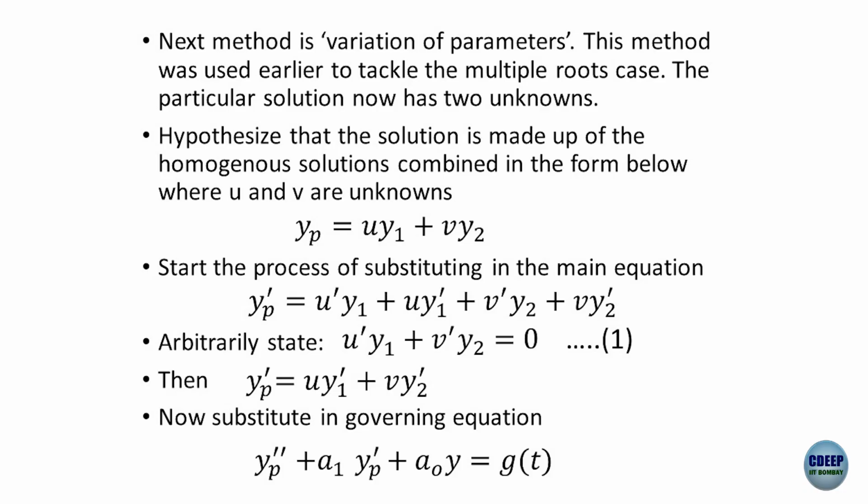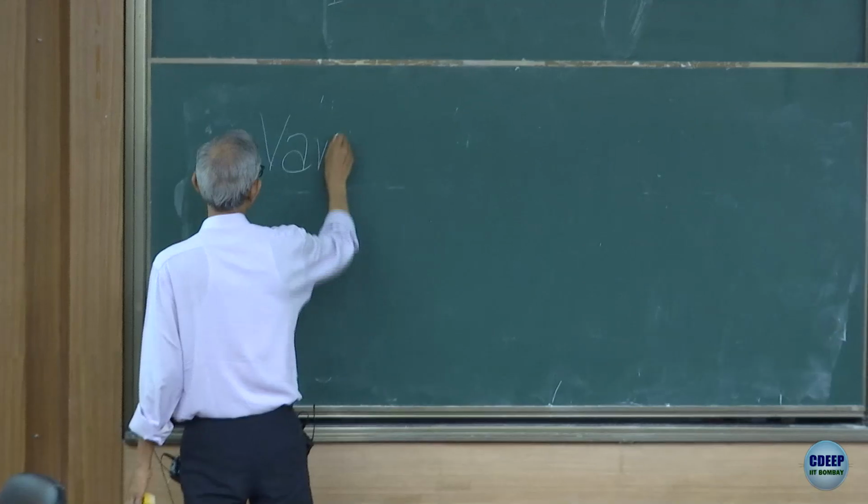Every function under the sun is not given in that table. If it is not there, you can make some intelligent guess. If it works, it works. If it doesn't work, then you have to do something else, and that's a much more powerful methodology, which is called the variation of parameters.